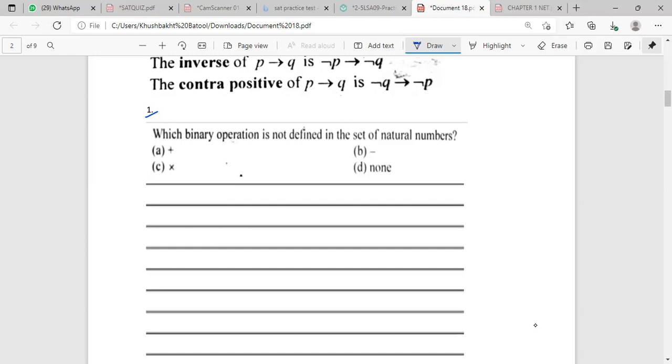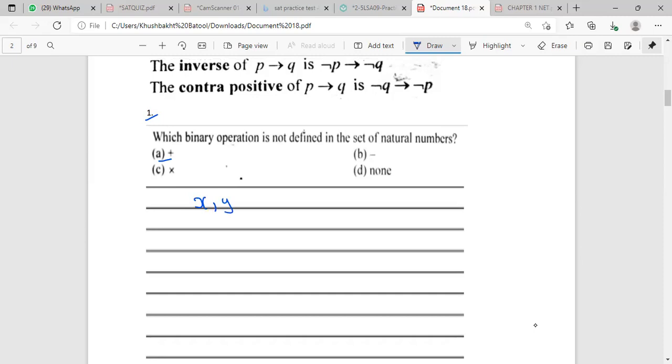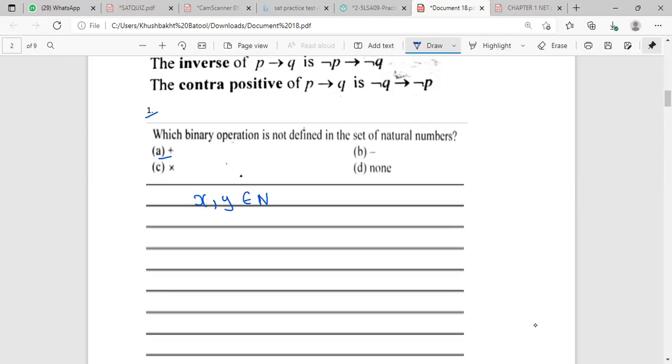Okay, let's talk about addition. Is addition a binary operation in the set of natural numbers? If we pick two numbers, x and y, belonging to the set of natural numbers, certainly their sum would be in the set, because I have 1, 2, 3, and so on.